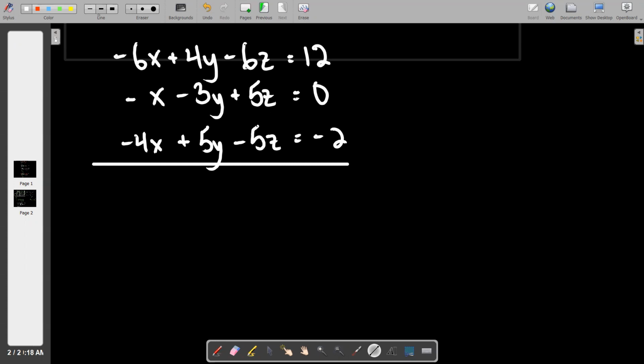You don't have to label these, by the way, every time. Like you don't have to label them as R1, R2, R3. I'll know what you mean when you give me a row operation, but just remember that that's who they are. So the first thing that we want to do is just take a freebie here. We want to do which two rows?